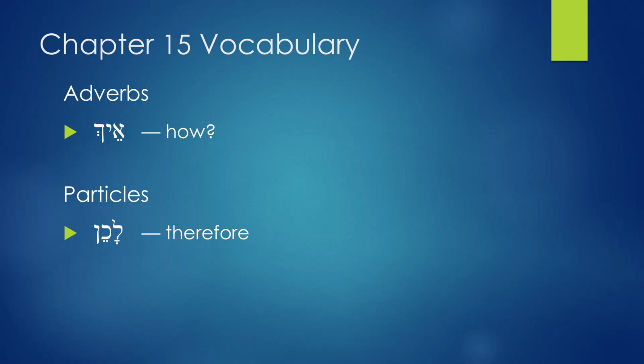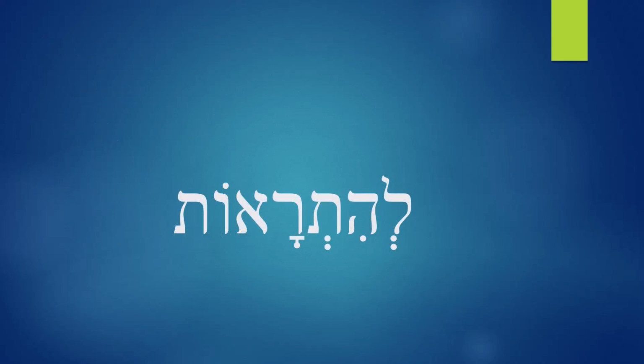On the adverb, we have the word eich. Eich means how. It's used to ask the question, how? And then we have the particle lachen. Lachen means therefore. So these are the words that you find in chapter 15. Remember, practice, practice, practice.